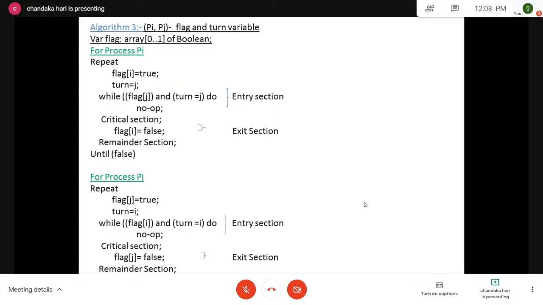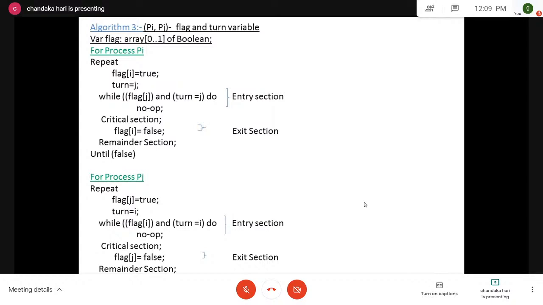Now, what are the conditions for entering into critical section? If process pi wants to enter into critical section, turn should be I and flag I should be true. Similarly, if process pj wants to enter into critical section, flag j must be true and turn is equal to j. In both cases, flag values may be true, but turn may be either I or j.